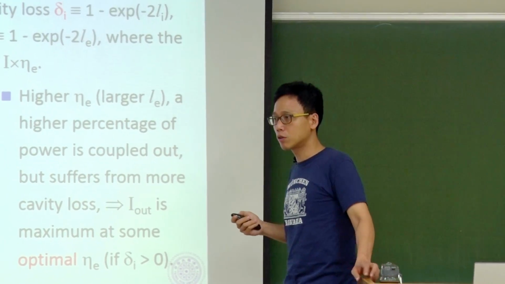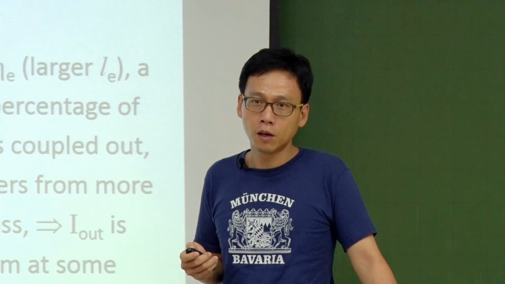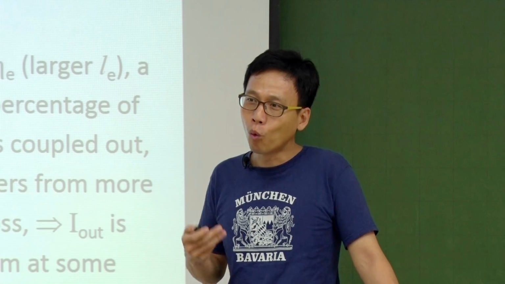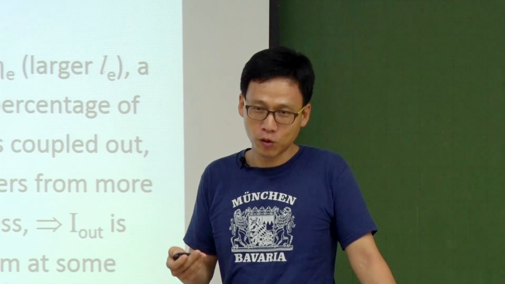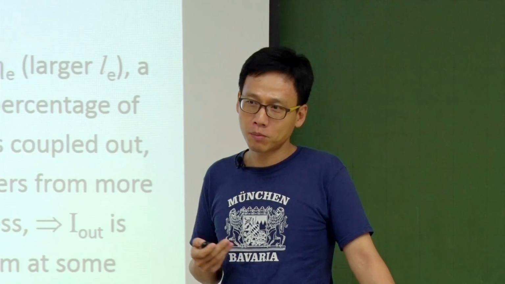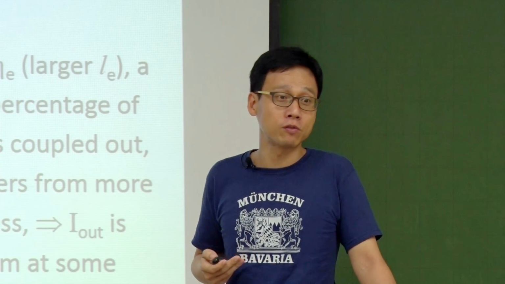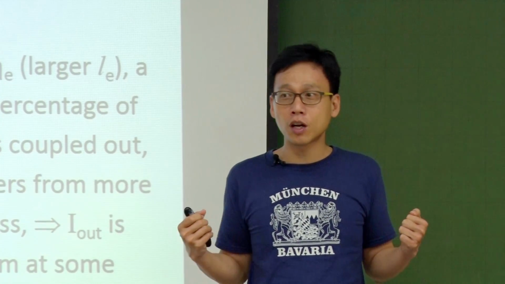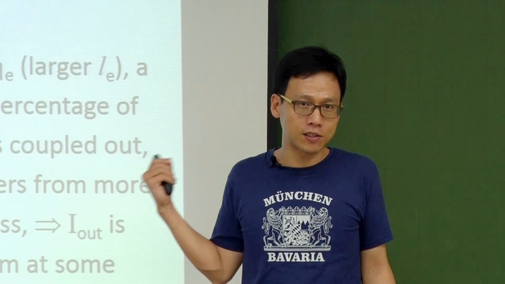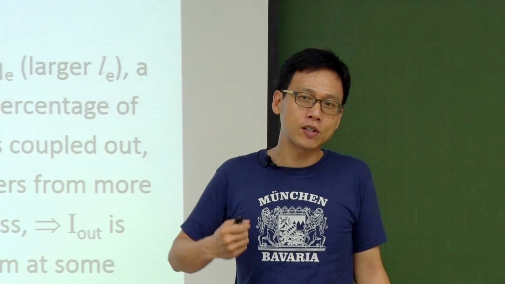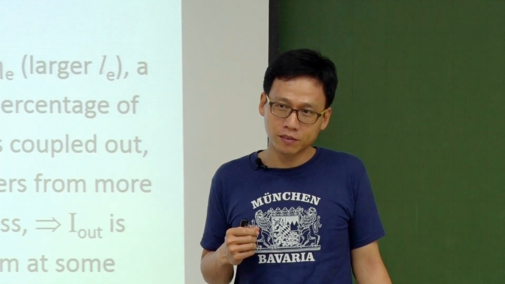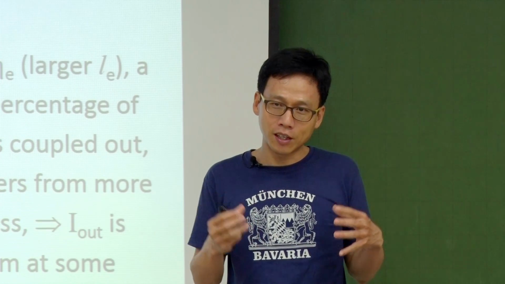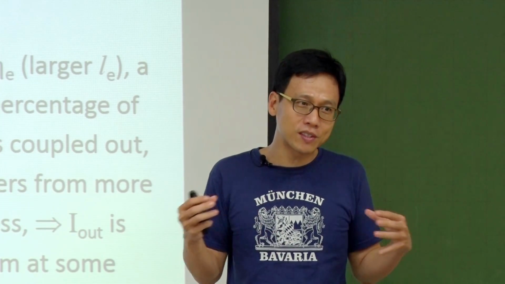And according to our previous analysis, a bigger LC, a bigger cavity loss, will give you worse performance. You have a larger pump threshold, you have lower slope efficiency. So you can figure out there are two counteracting forces in this mechanism. Increasing the output coupling ratio, you get more output power, but meanwhile, your laser intracavity intensity is reduced.